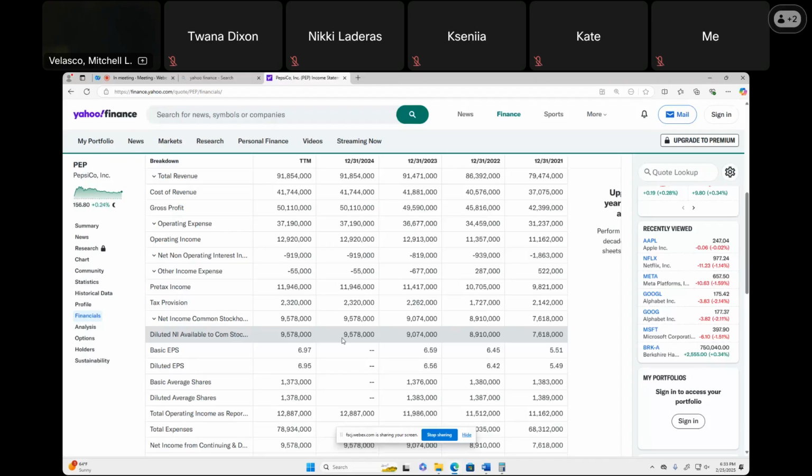Another reason why I don't like to see it too high is sustainability. What if Pepsi has a bad year and they've been paying 75% of their earnings to shareholders, but they need that cash to keep the business going? Then they may have to cut the dividend in order to preserve the cash to be able to operate.